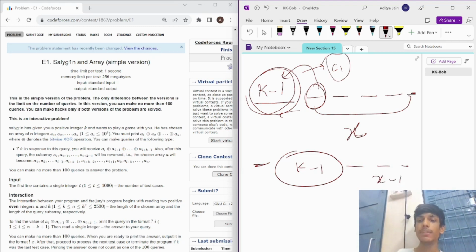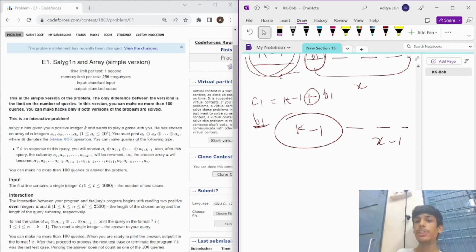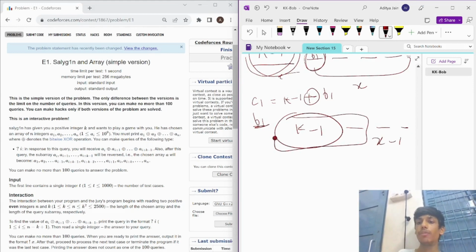What is C1? C1 is the XOR of these k minus 1 elements and this element. Let's call it B1. So C1 is the XOR of k minus 1 elements XOR B1. This is C1, right?